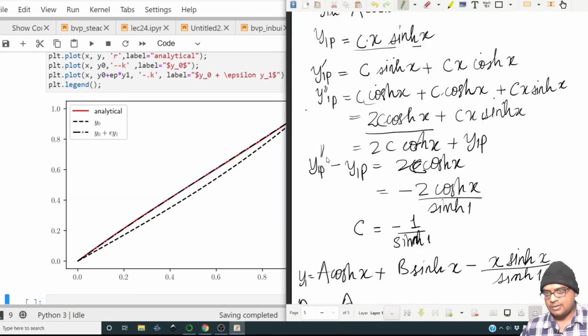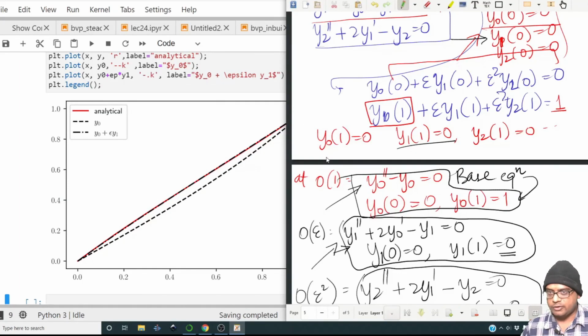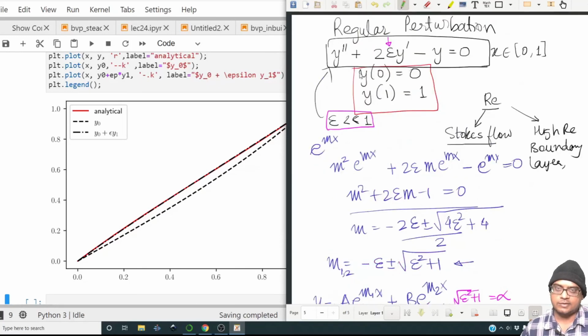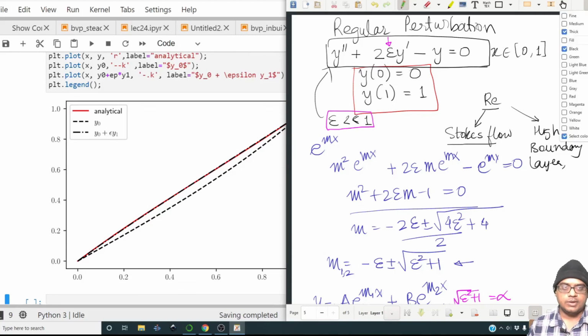Keep in mind that the order of the equation that we are starting with is a second order equation, because of y double prime, and in this case the small parameter, that is epsilon, is multiplying something which is not the highest order term. Meaning, in the base case, we have epsilon equal to 0.